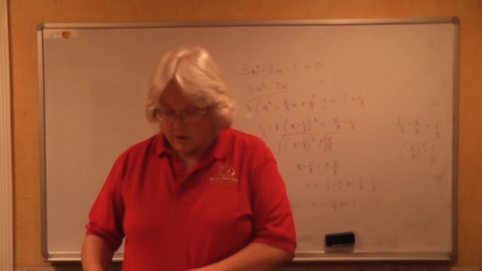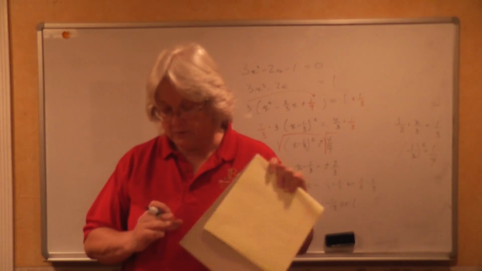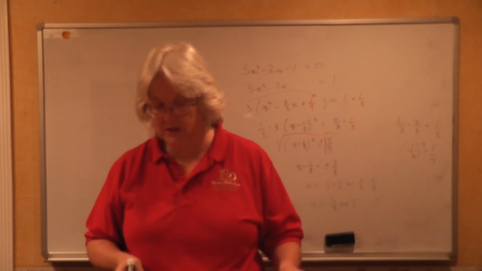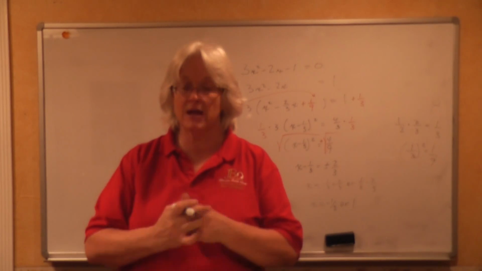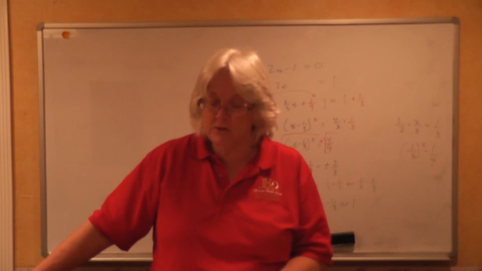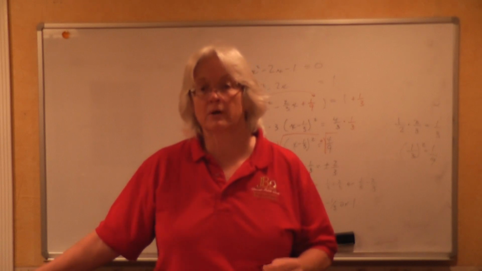Now we have one final problem that I want to go through, and I want to show it to you two ways. First, for those of you who are in my co-op classes, I want you to look at page 461 at the top. There are 8 steps, and it says, solving quadratic equations of the form ax squared plus bx plus c is equal to 0 by completing the square.